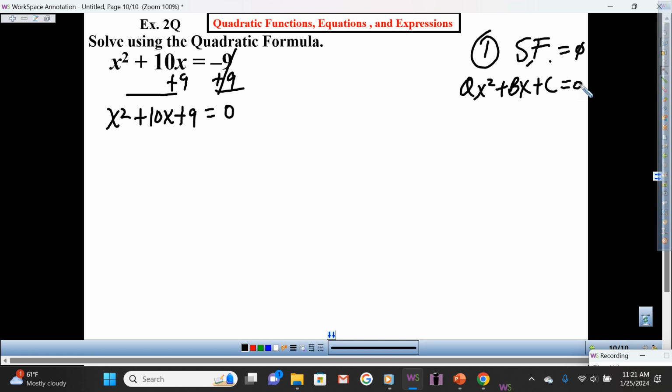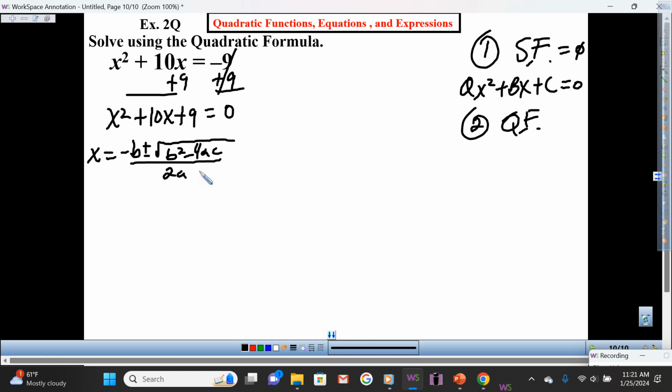Step 2, QF. So you know what that means. Quadratic formula. Write it down, please. X equals minus b plus minus square root b squared minus 4ac over 2a.